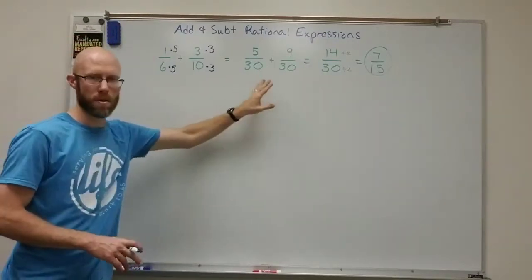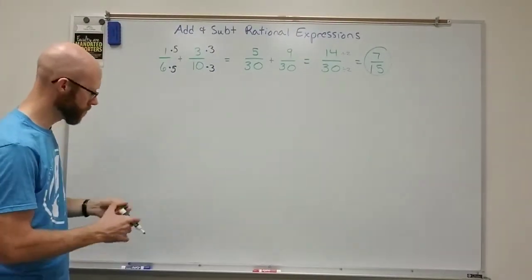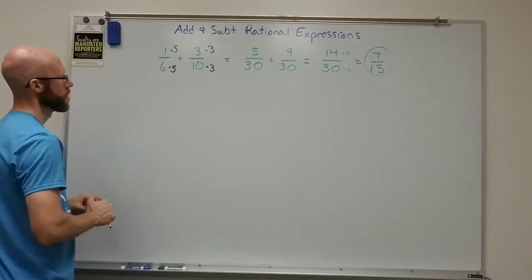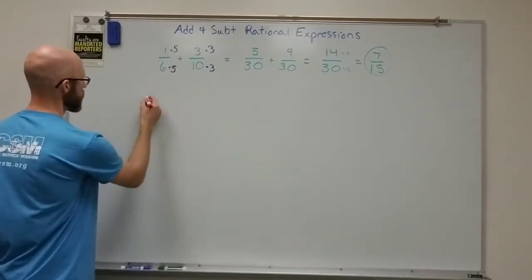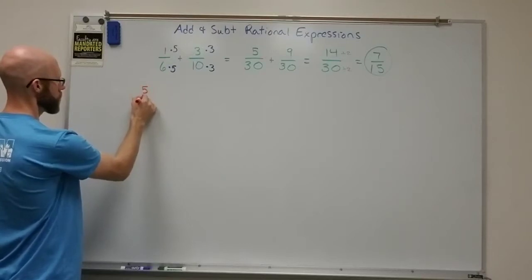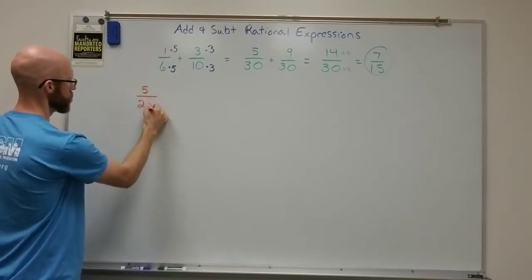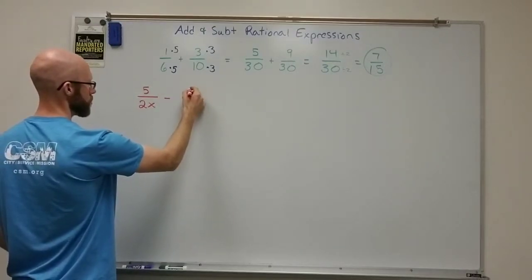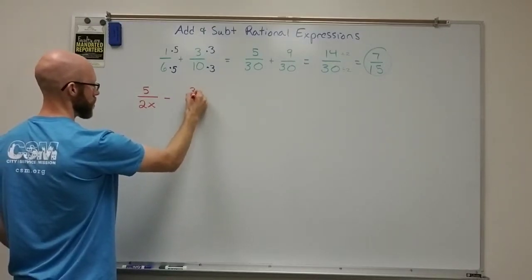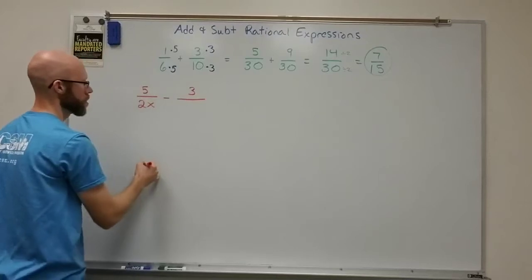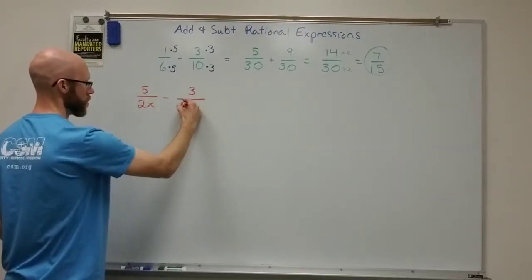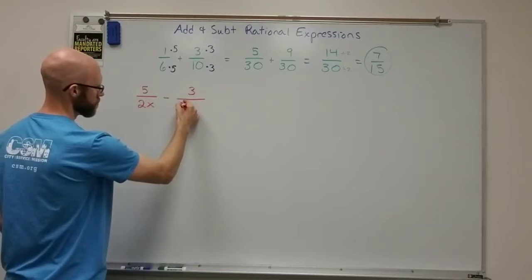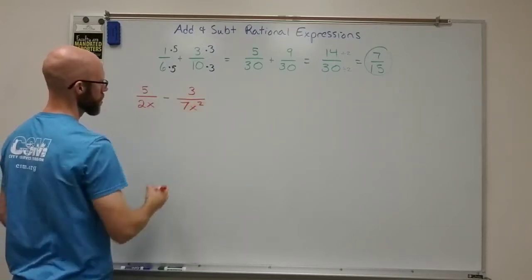Maybe I'll leave this up here just so we can see kind of the layout. So with rational expressions, let's do something kind of basic. Let's do 5 over 2x minus 3 over 7x squared.